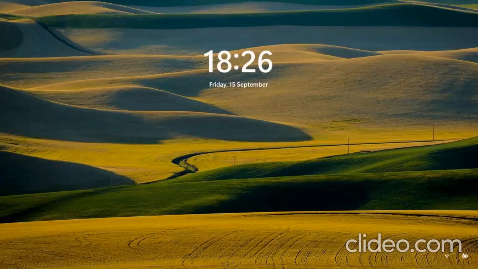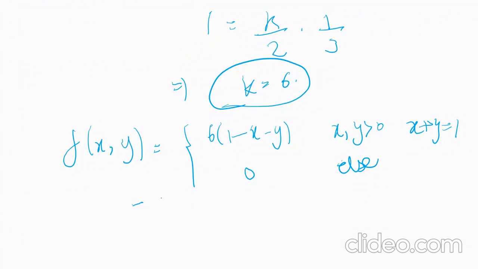So what we know is that the integral from minus infinity to infinity, from minus infinity to infinity, of fxy dy dx, if you take the limits of y firstly, is equal to 1. Now in place of minus infinity to infinity, we need to take the region where this is defined. So the limits of x are 0 to 1.